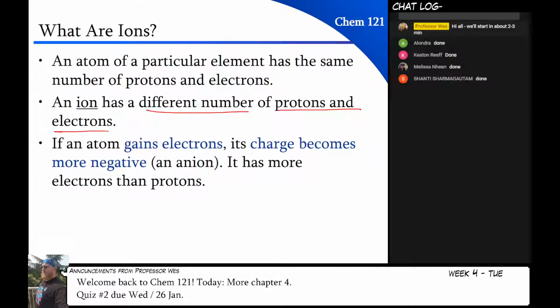But the number of protons will always remain the same in a given atom. Now, if you have more electrons and become a negatively charged ion, the term that is used is anion. An anion is a negatively charged ion. It has more electrons than protons.